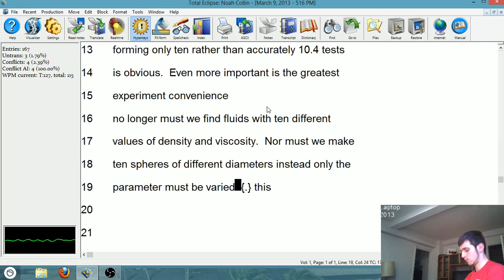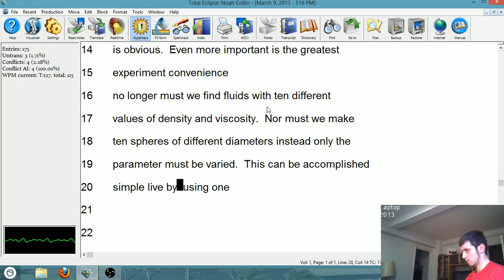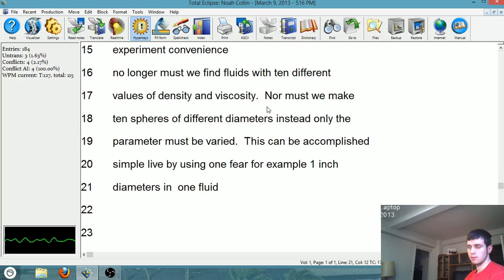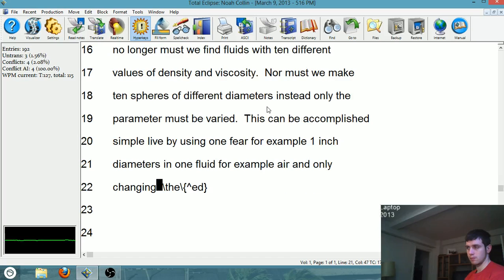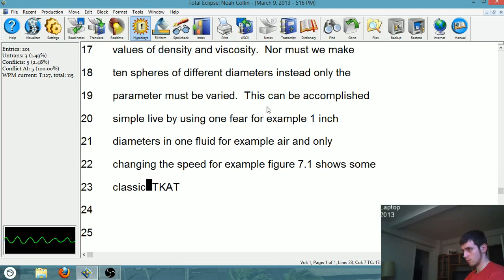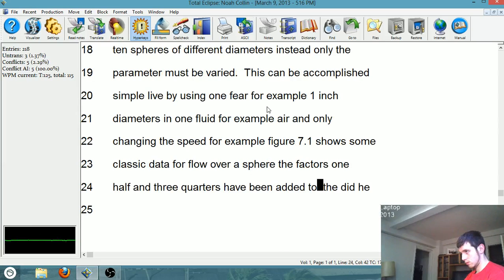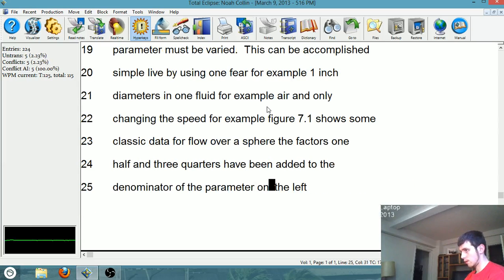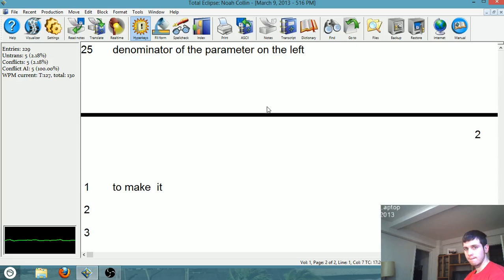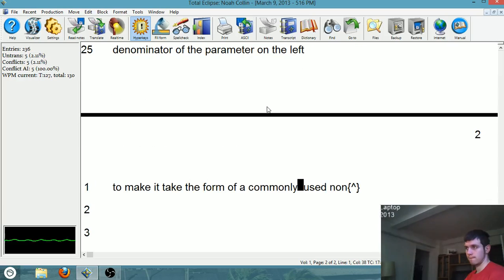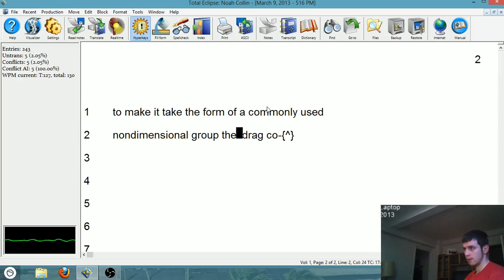This can be accomplished simply by using one sphere, for example, 1-inch diameter, in one fluid, for example, air, and only changing the speed. For example, Figure 7.1 shows some classic data for flow over a sphere. The factors 1/2 and 3/4 have been added to the denominator of the parameter on the left to make it take the form of a commonly used non-dimensional group, the drag coefficient C_D, that we will discuss in detail in Chapter 9.